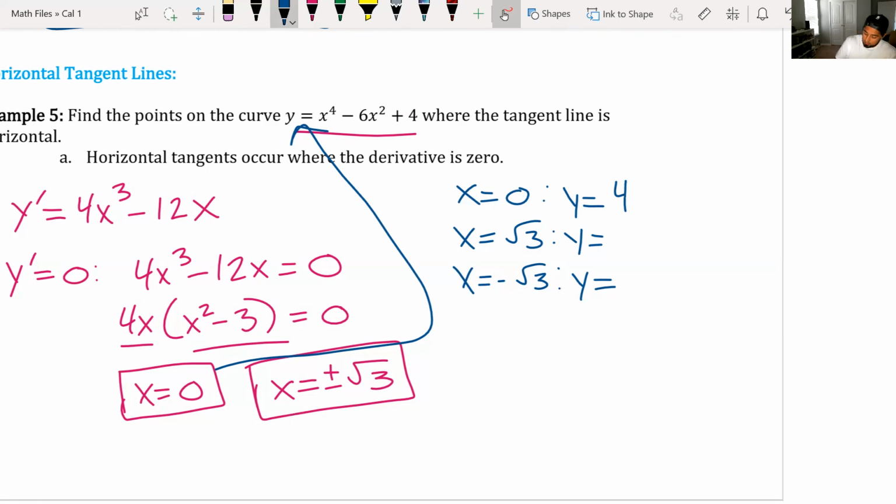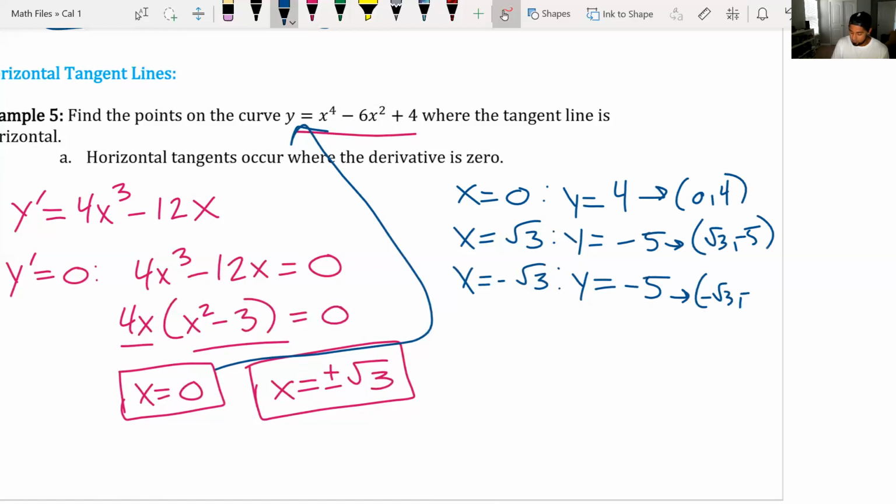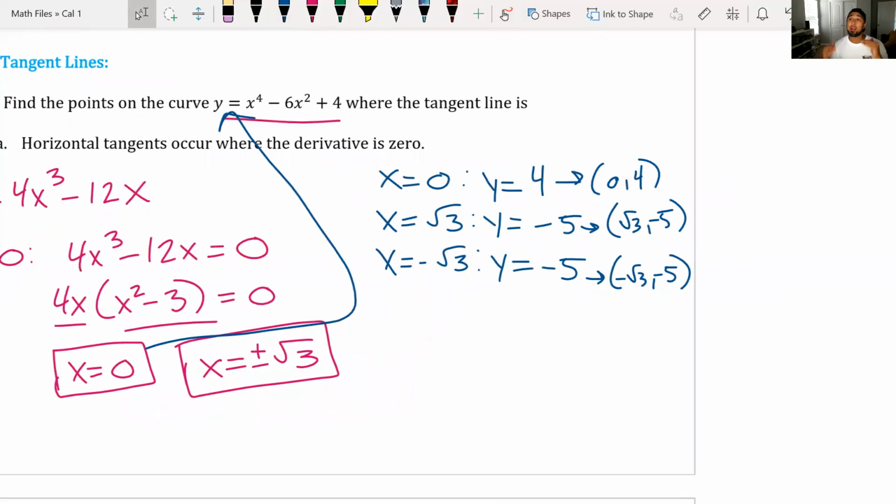I get negative 5. And negative square root of 3, I should get the same thing. Negative 5. Okay, and it said points. So this makes 0, 4, square root of 3, negative 5, negative square root of 3, negative 5. Okay. These are the points where a horizontal tangent line will appear.